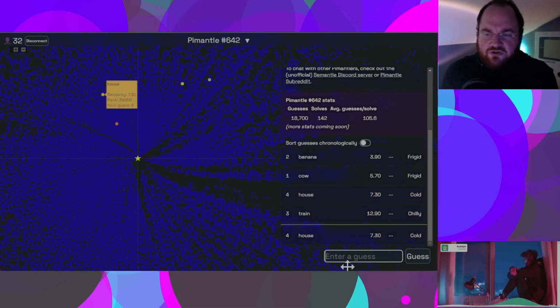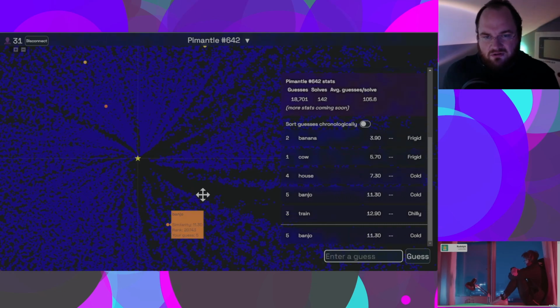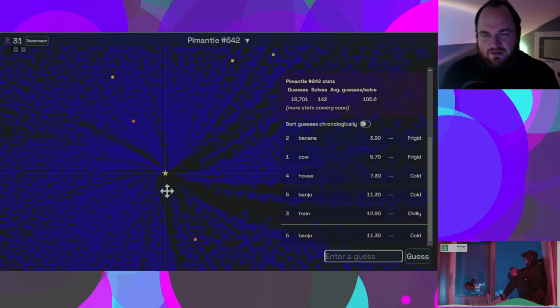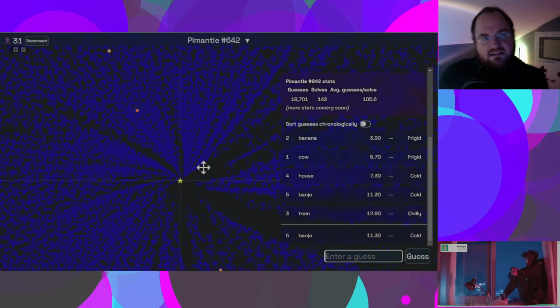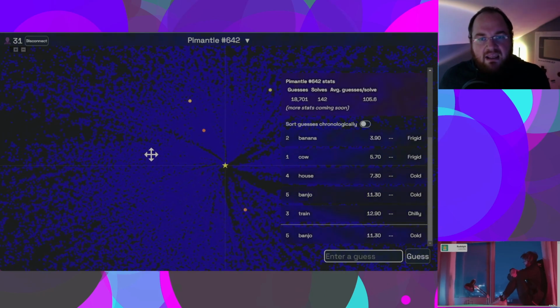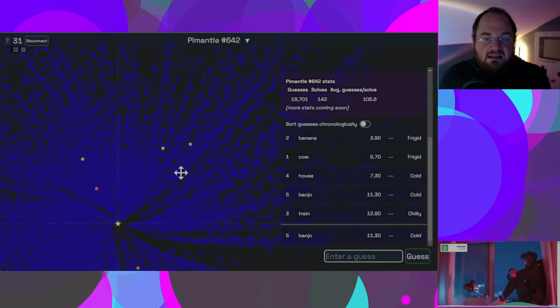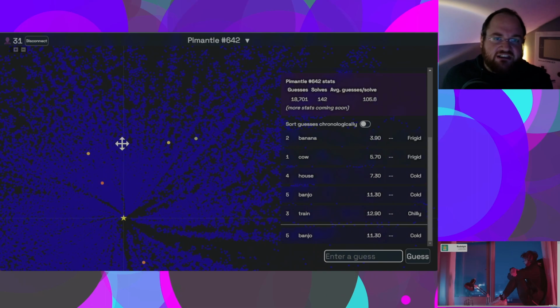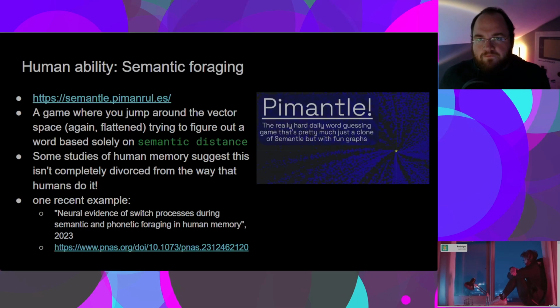House is further away than train. Okay. Banjo. Oh, interesting. A little bit off, but whatever. But you see, the point of this game is you're navigating a semantic space. These words are closely connected to each other in different ways. Mess with that if you like.